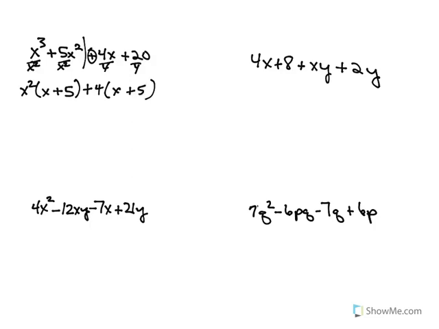So x plus 5. Remember, our goal is that our x plus 5 match. So the goal is that our 2 sets of parentheses are the same. So since they are, I feel like I did it correct. So my x plus 5 comes out as the GCF.